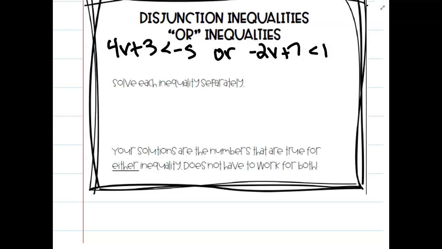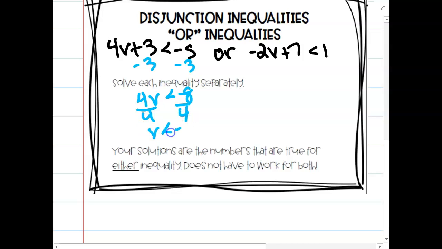So this one, we just solve each one of these. If I start with this one right here, we could subtract 3. I'm going to jump down below here. 4v is less than -8. Divide by 4. So we have v is less than -2. All of the numbers less than -2 would be part of this solution set. Or if they're not less than -2, maybe they're in this inequality.